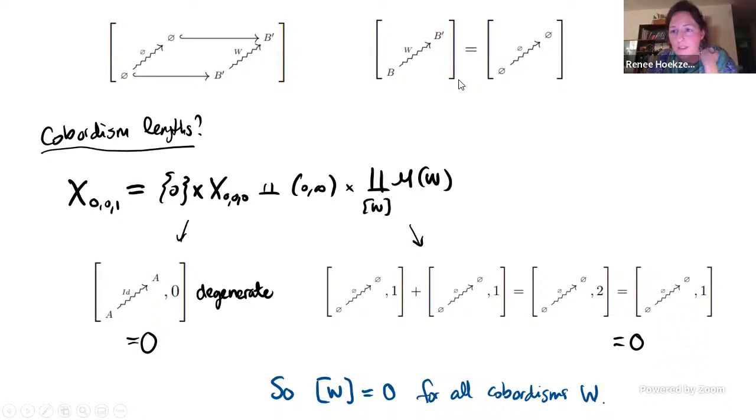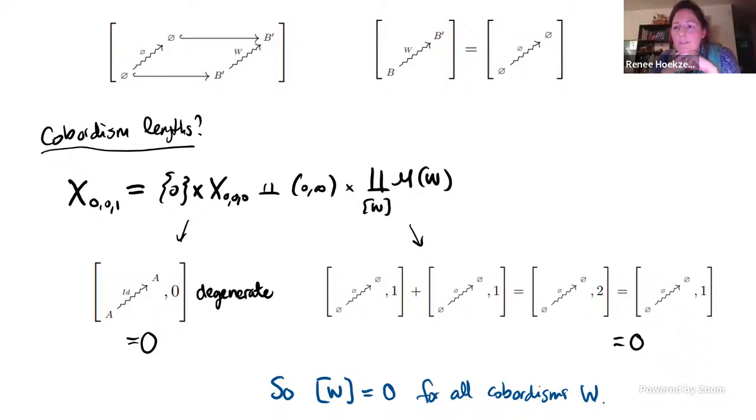One particular cobordism that is nice, that maps into any other cobordism, is the empty cobordism. It goes from the empty set to the empty set, and it has a certain length L. So in particular, any one simplex generated by a cobordism is the same as the one simplex generated by the empty set.